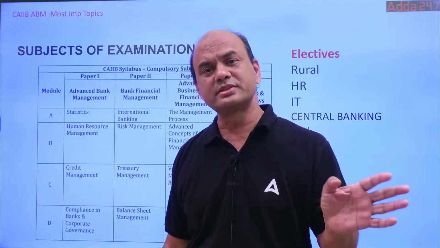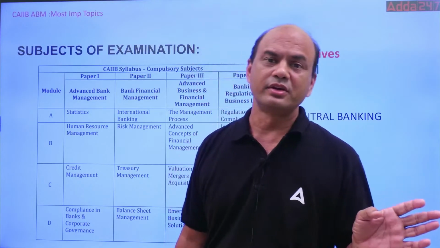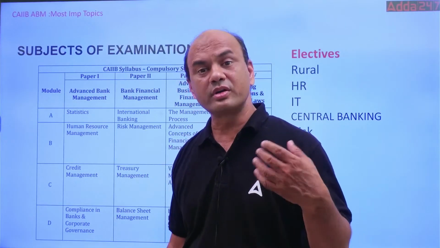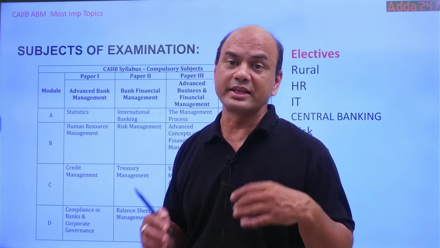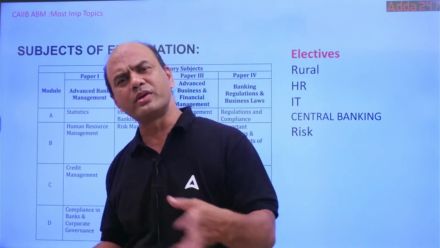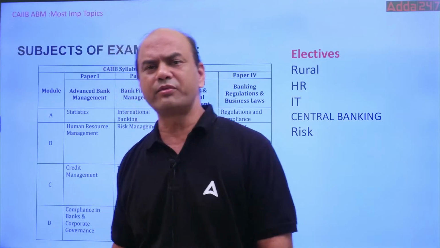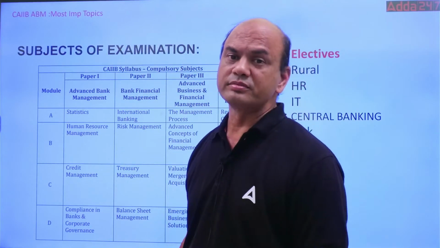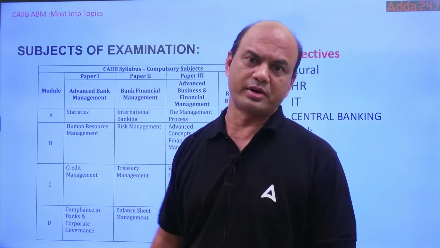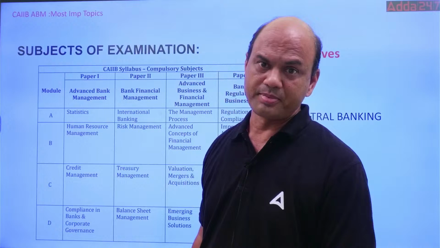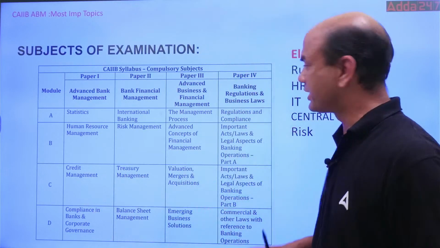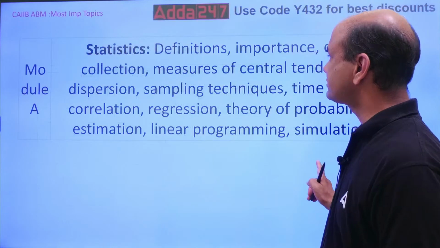You have everything starting from your basics to your central tendencies, dispersions, correlation, regression, sampling, estimation, time series, probability, everything. LPP, linear programming. So, module A is completely important, total module A. But then also I will classify somewhere so that you can focus. Okay. So, let's go one by one.